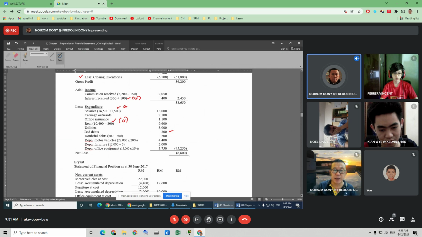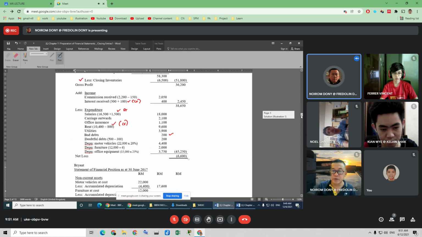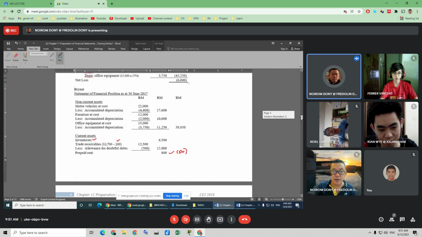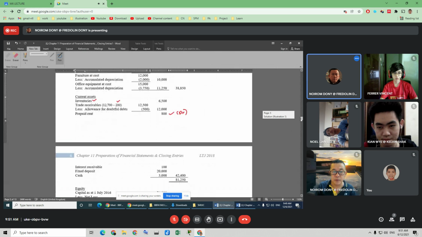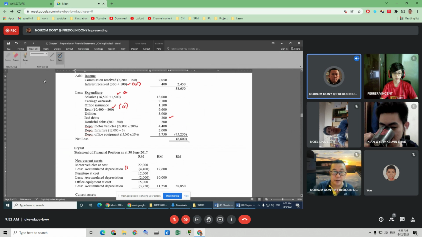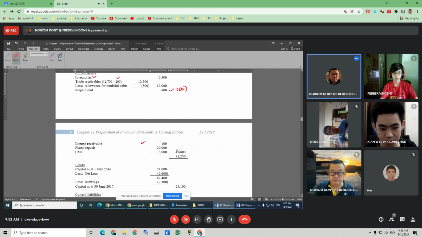And where is the debit entry? The debit entry is when I provide under current asset, interest receivable. Okay, interest receivable, this is actually debiting. Okay.